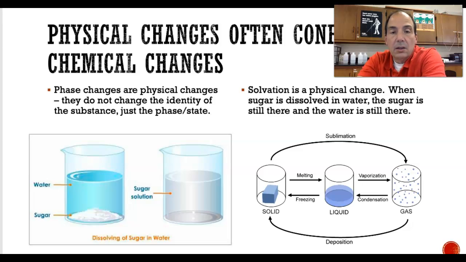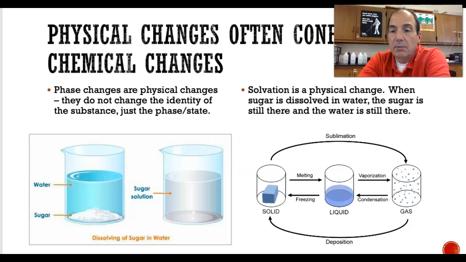All right. So yeah, exactly what I was just talking about. People often think of phase changes as being chemical changes because sometimes we use heat. All right, so it has heat, but it's still the same substance. On a molecular level, it is the same thing. And again, the solvation process, making a solution, means we're going to have the same thing.